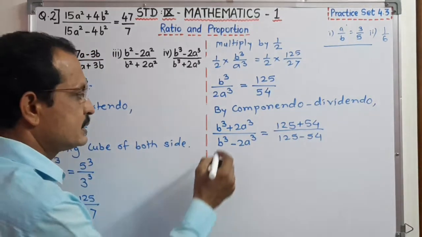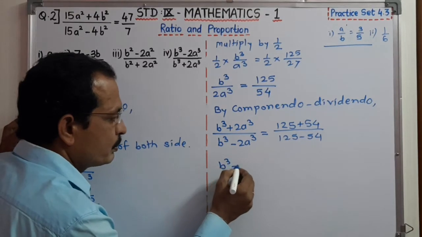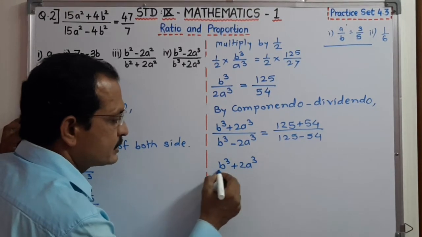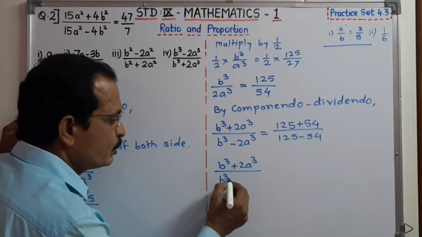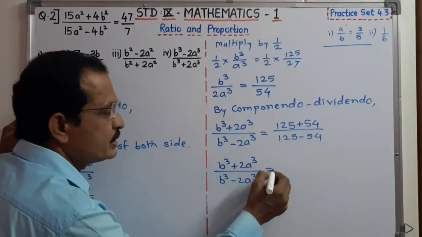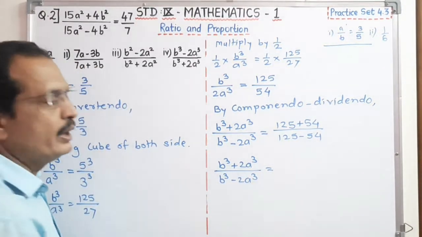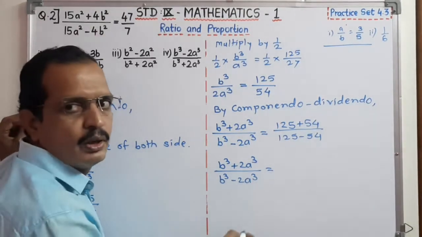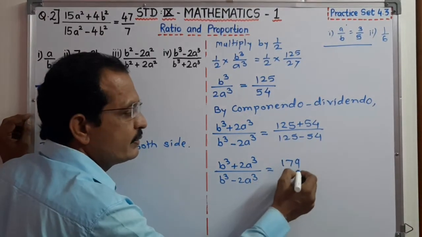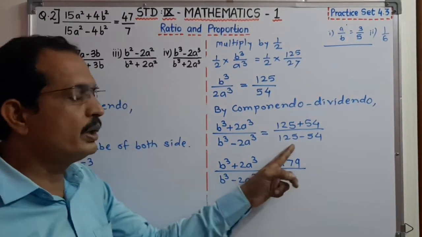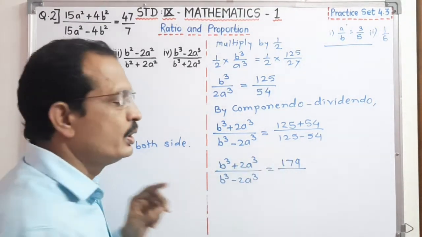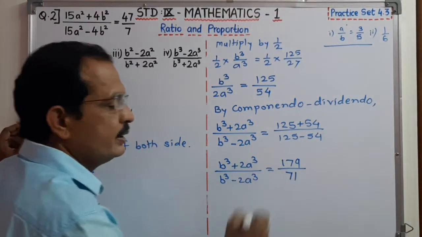Dear student, see here, b cube plus 2a cube as it is, then here it is b cube minus 2a cube is equal to 125 plus 54. Dear student, it is 179, and 125 minus 54, then here we got 71.